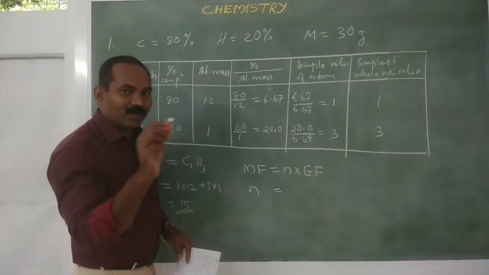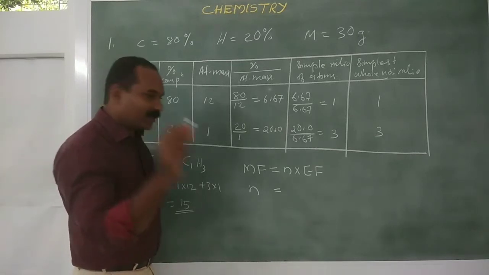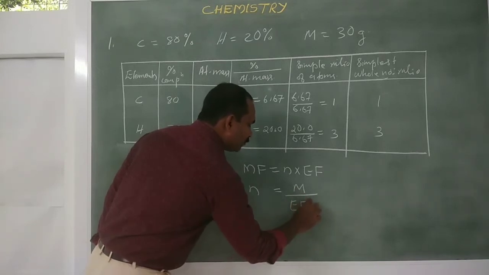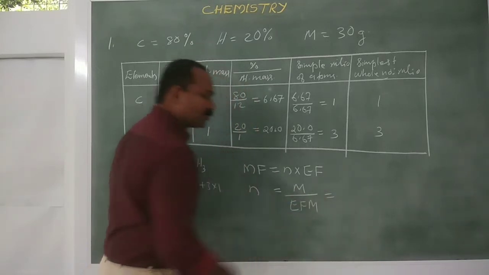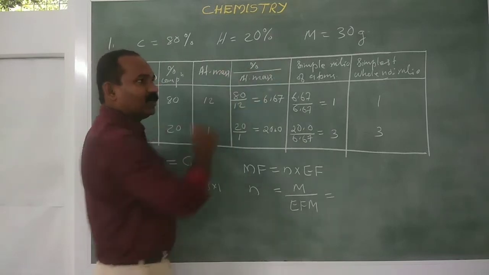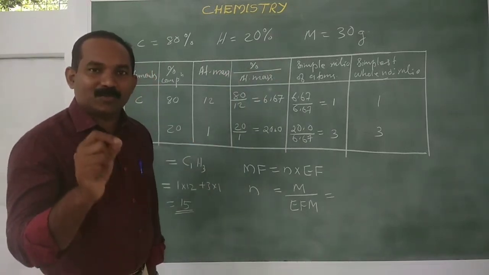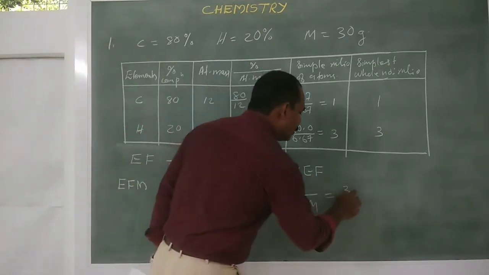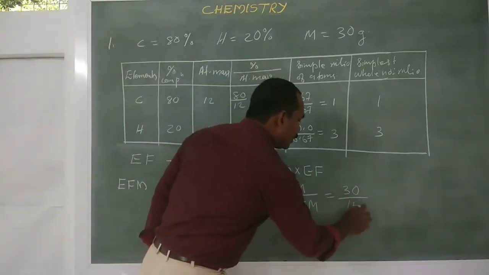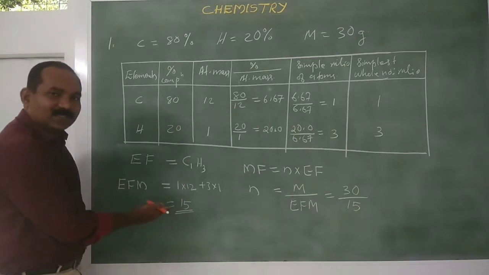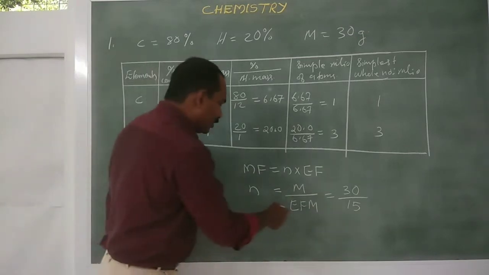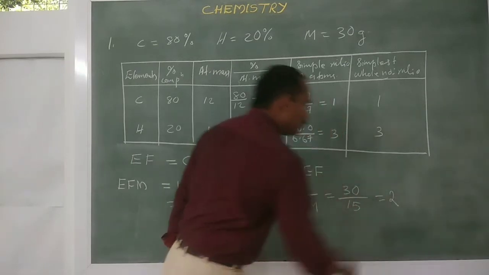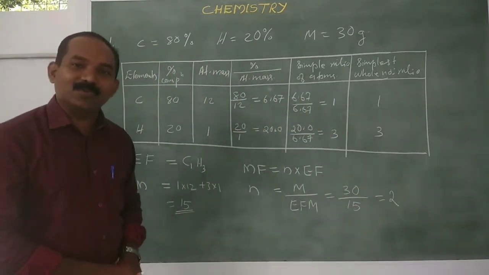N is molar mass divided by empirical formula mass. What is the molar mass of the compound? It is given in the question. Molar mass or molecular mass of the compound is 30. So 30 divided by 15. Empirical formula mass we just calculated. So it is 15. Then it is 2. Now N is equal to 2.